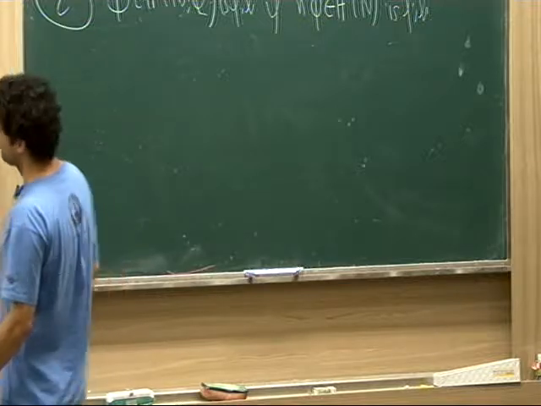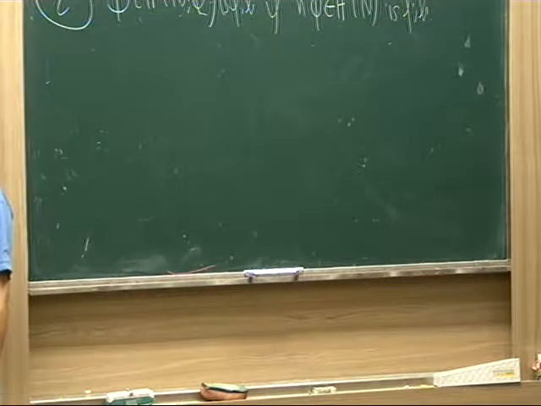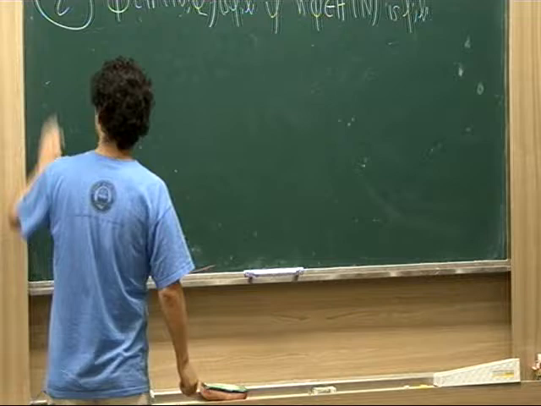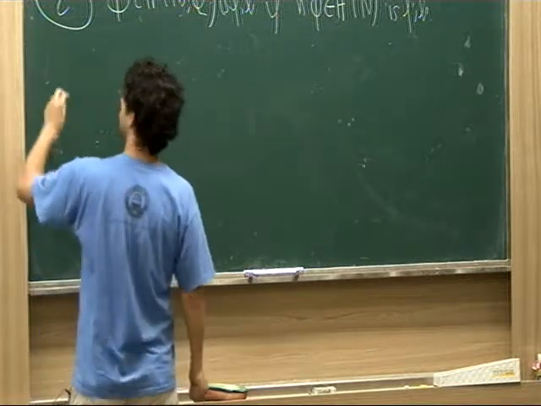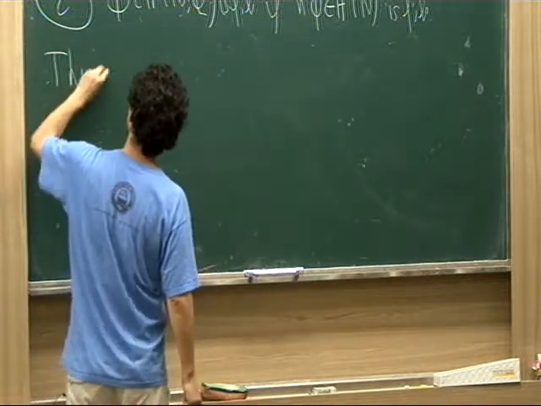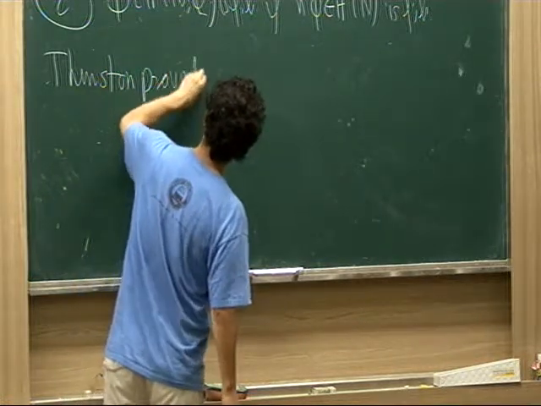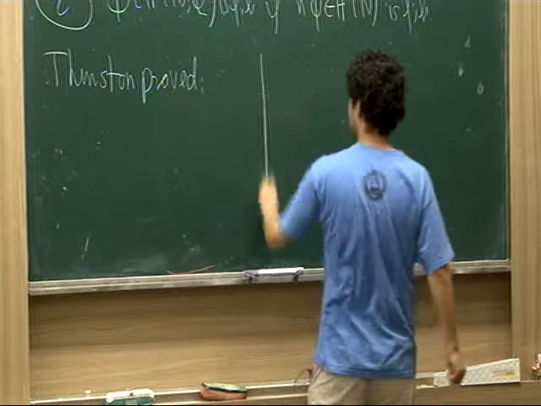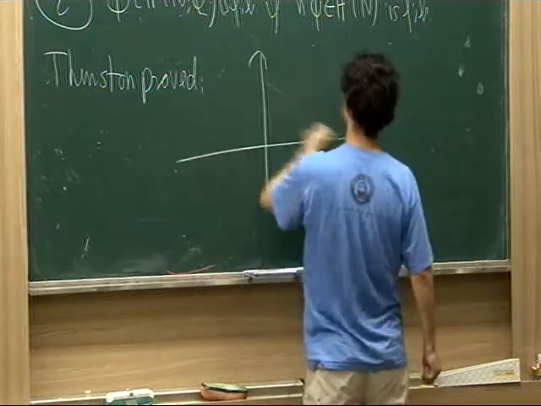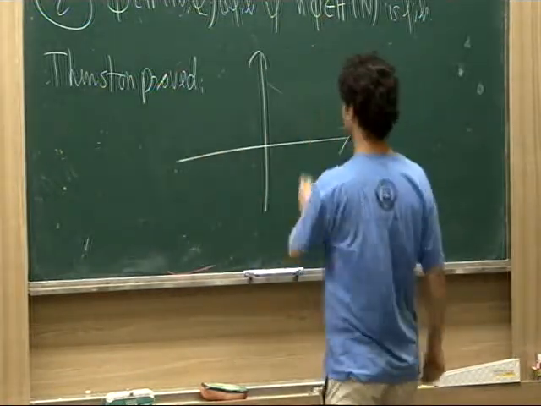So far so good. So what does that have to do with the Thurston norm? It turns out that Thurston proved a few more theorems. It's easiest to explain using a picture again.